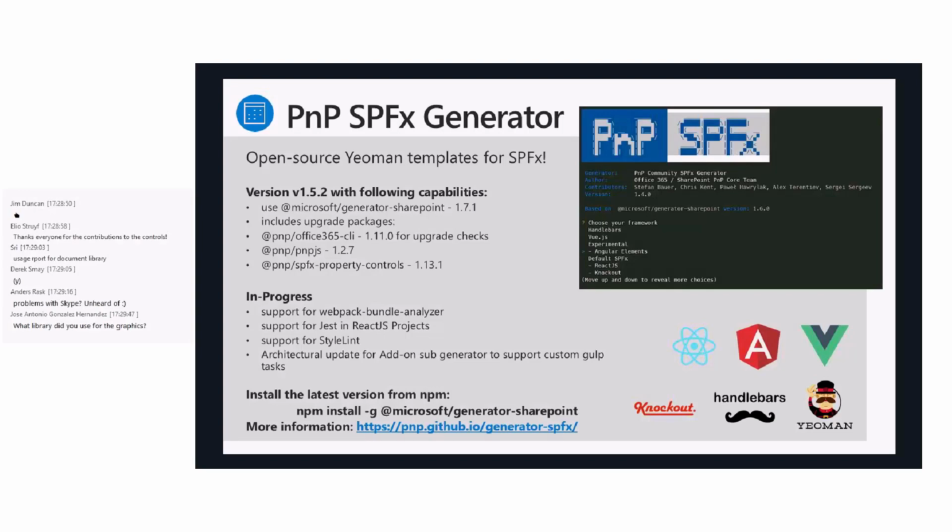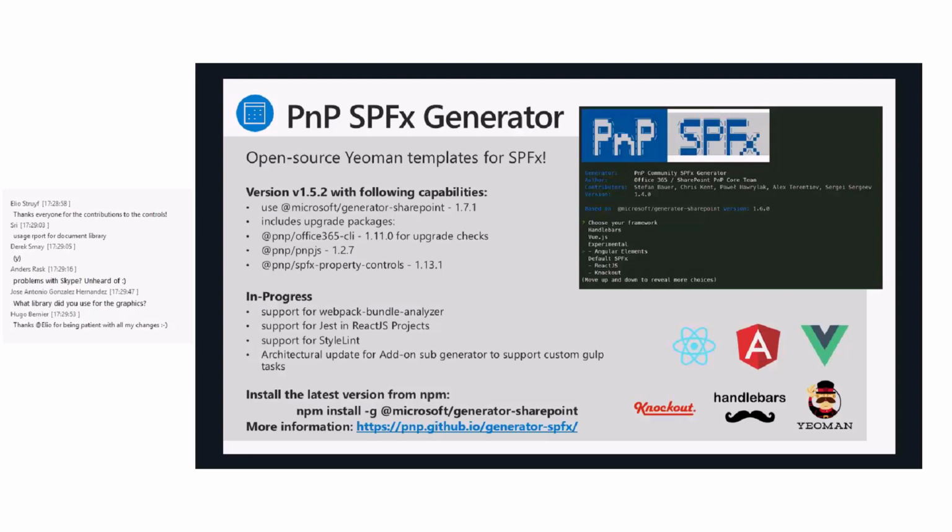In this release, we also upgraded the Office 365 CLI, which checks whether your project is currently running on 1.7, 1.6, or what steps you need to do. So you get a full report. What you need to do is upgrade your SharePoint project to the latest version.